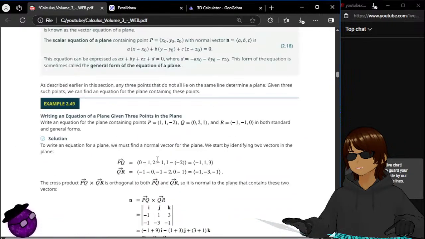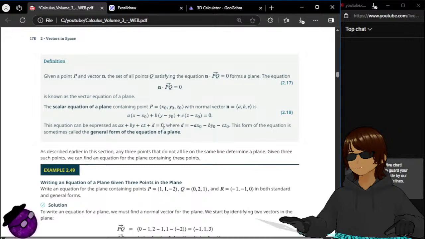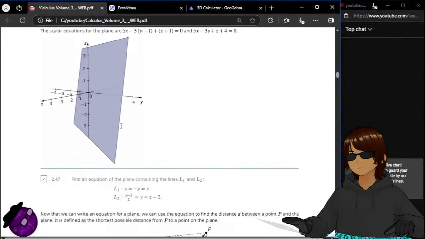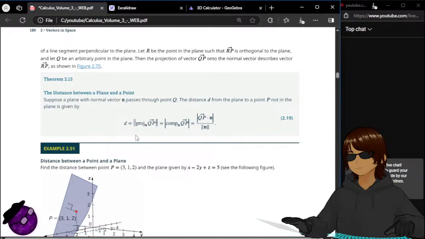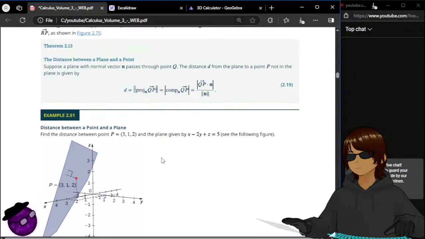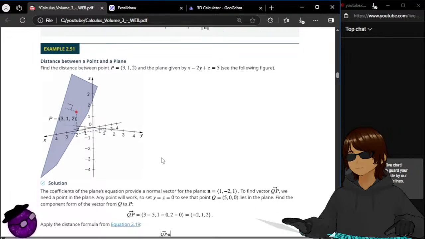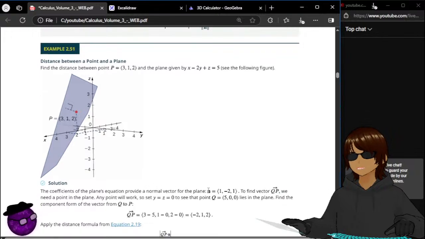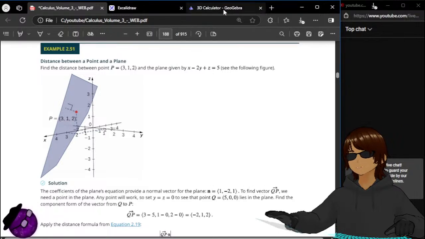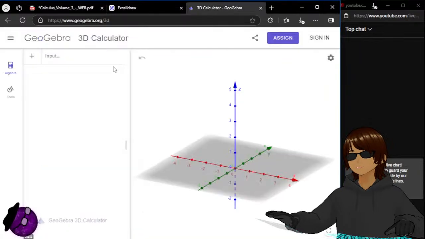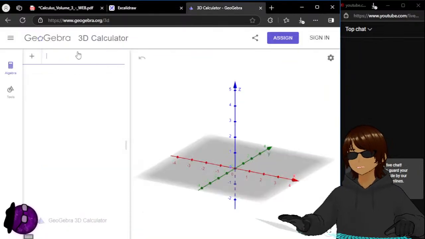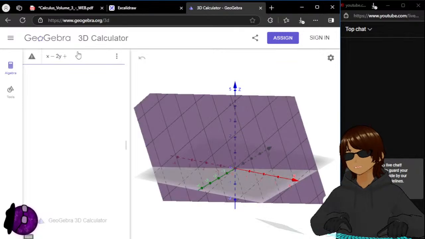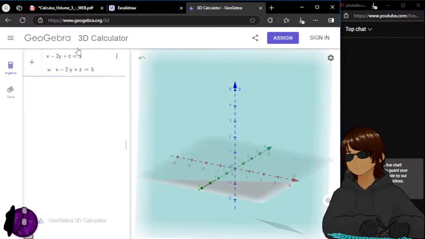I think it's from this part. So we have this to find. Wait, I want to test one thing. We have x minus 2y plus z equals 5.